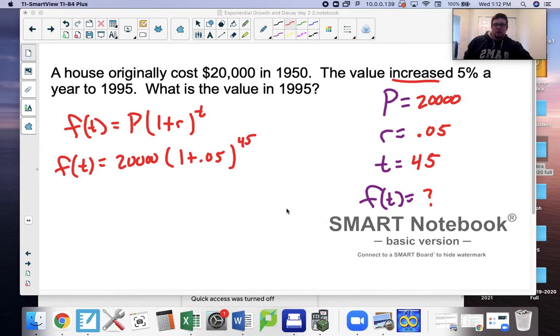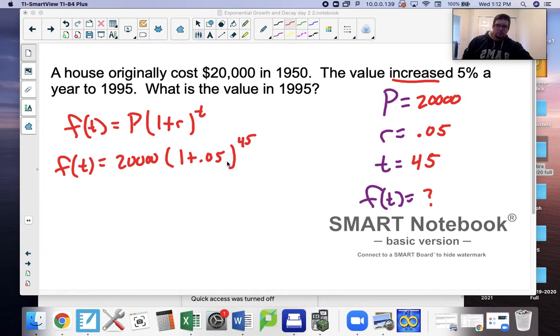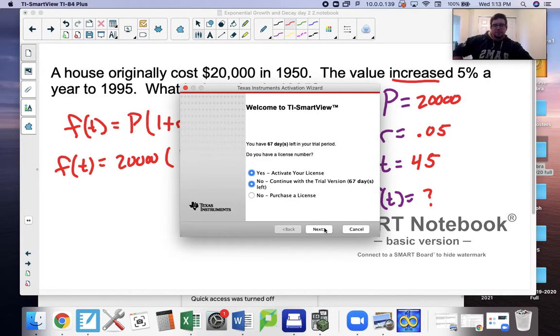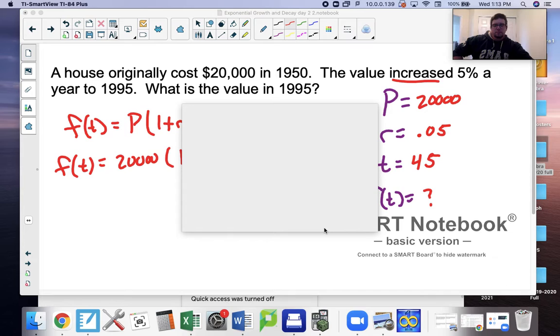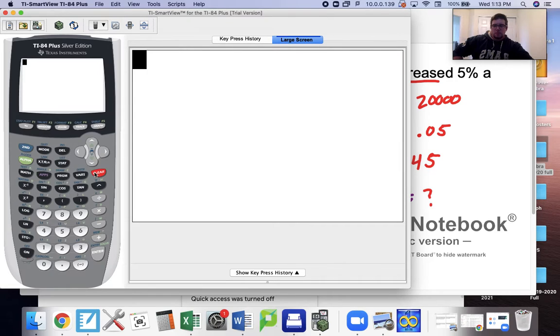I can grab our calculator. All right, clear out what we were doing beforehand.